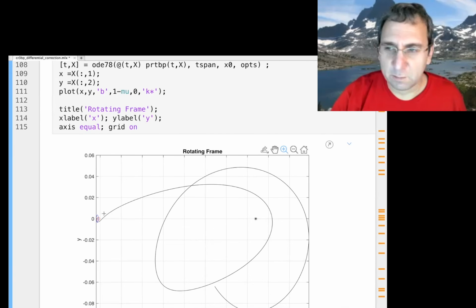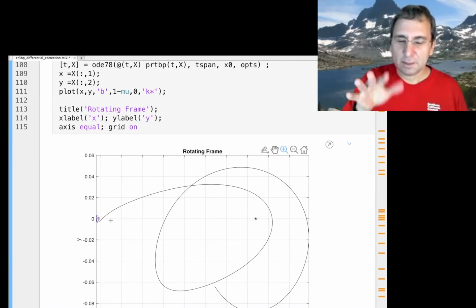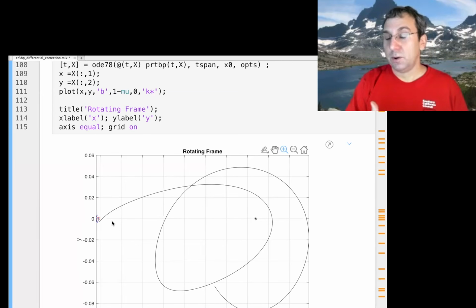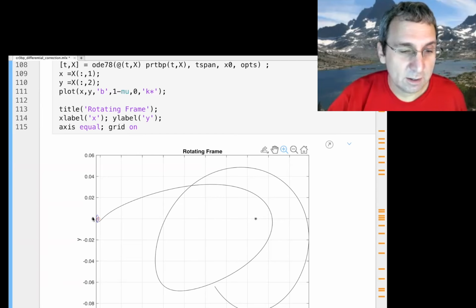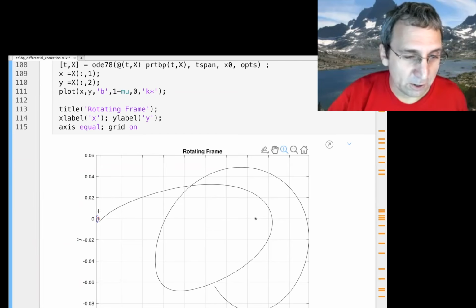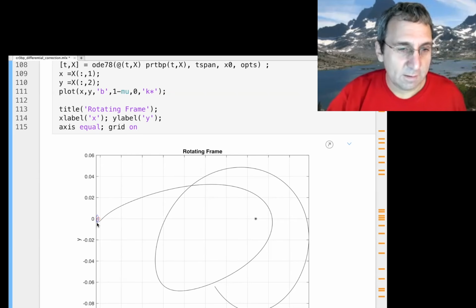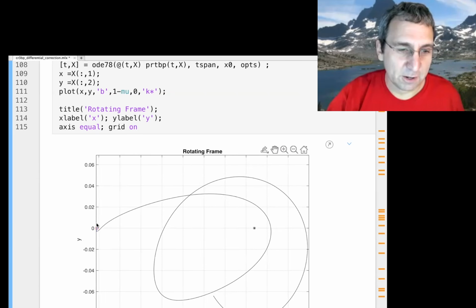Typically, these Lyapunov orbits have a period roughly half the orbital period of the primaries. So half a month, 2 weeks. So this is a period of 2 weeks, and then I followed this back for 4 weeks. And then I went forward, and going forward, this thing is just winding onto the periodic orbit.